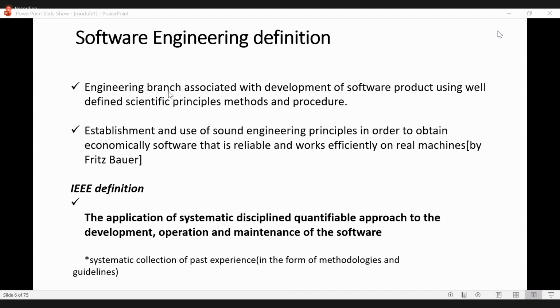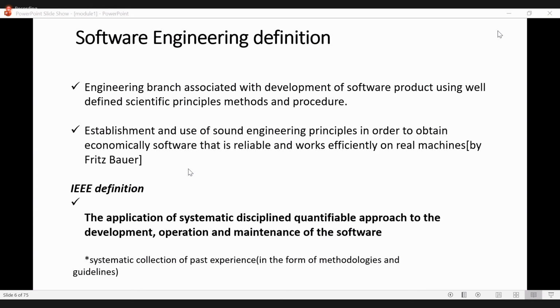It contains all concepts. And another definition: the establishment and use of sound engineering principles in order to obtain economically software that is reliable and works efficiently on real machines, by Fritz Bauer.